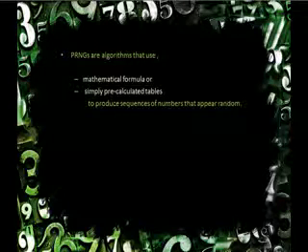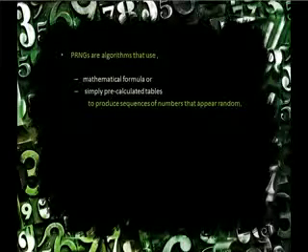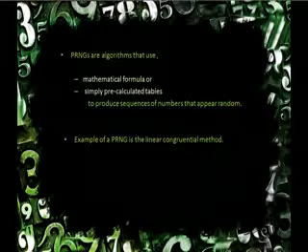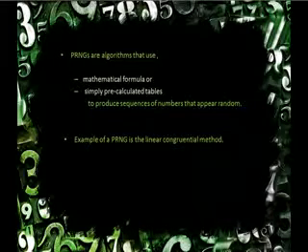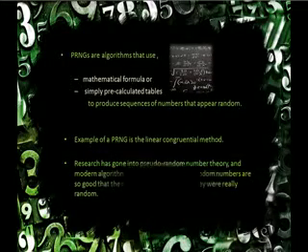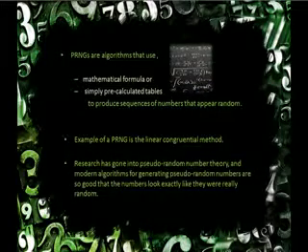Essentially, PRNGs are algorithms that use mathematical formulas or simple pre-calculated tables to produce sequences of numbers that appear random. A good example of a PRNG is the linear congruential method. A good deal of research has gone into pseudo-random number theory, and modern algorithms for generating pseudo-random numbers are so good that the numbers look exactly like they were truly random.